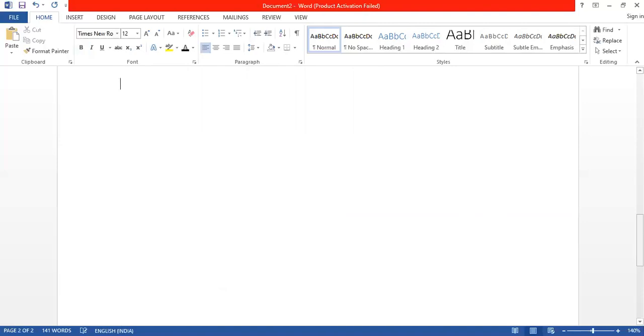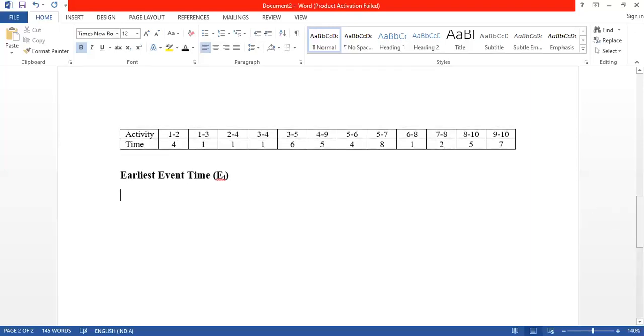So we are calculating earliest event time. Now earliest event time is denoted by E_i. Now this i is in subscript. Right. So for each event we have to calculate our earliest time.